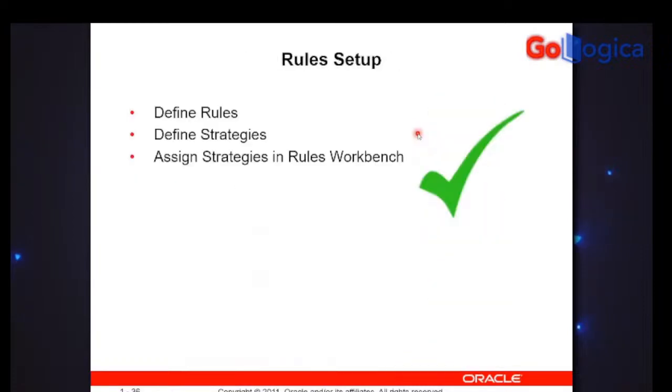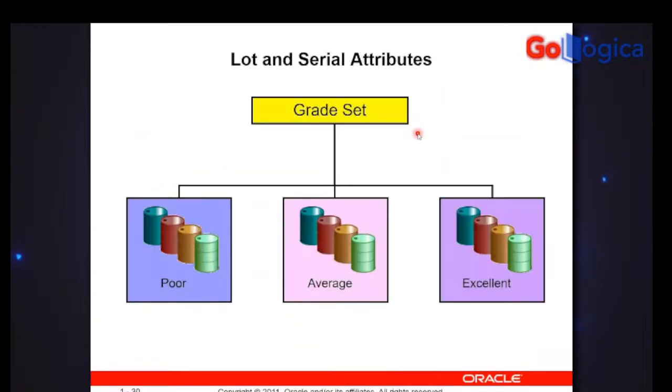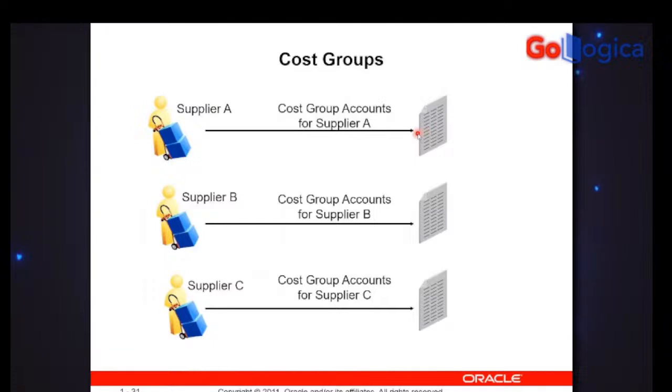Let me explain. When the physical demarcation of your warehouse is done, it is done by creating subinventories. That is your physical demarcation. But when you want to do the financial demarcation, your cost group assignment will come into the picture.